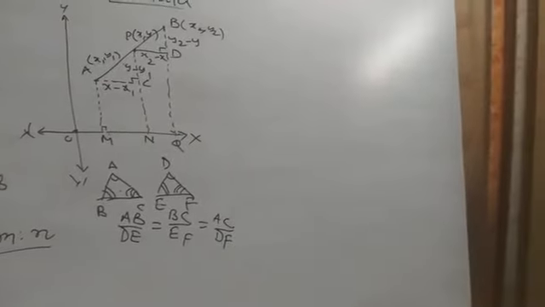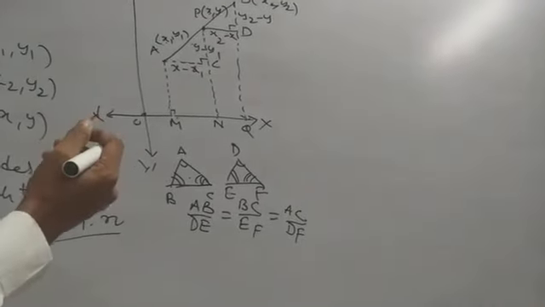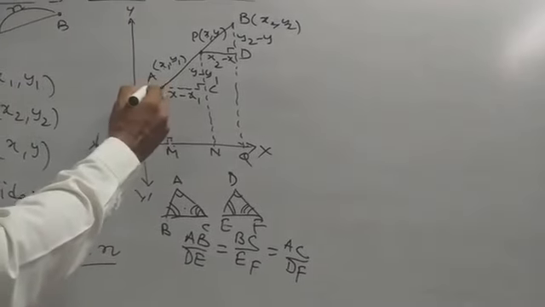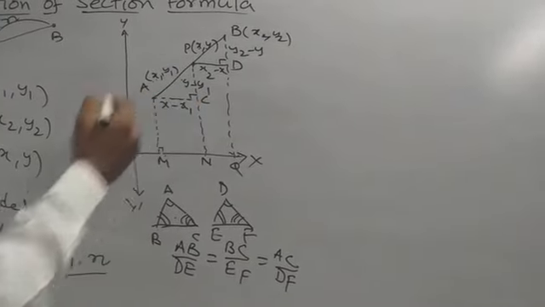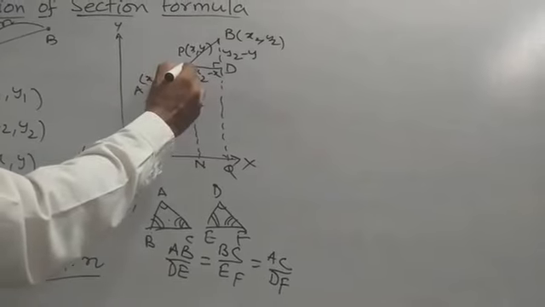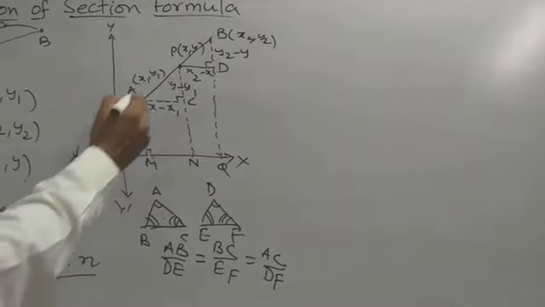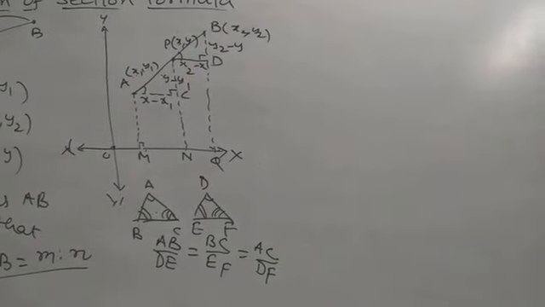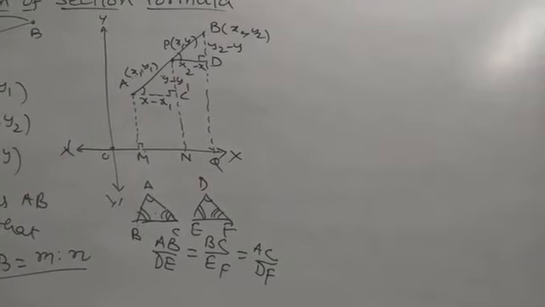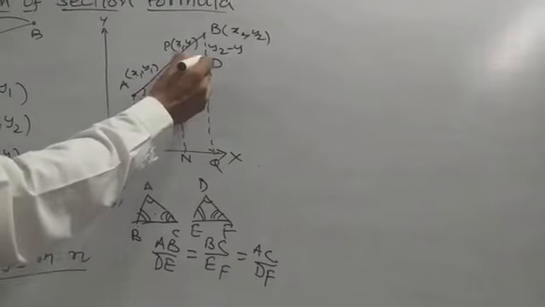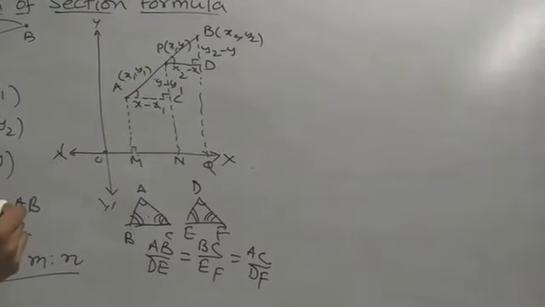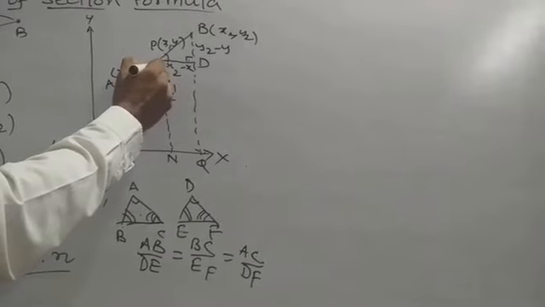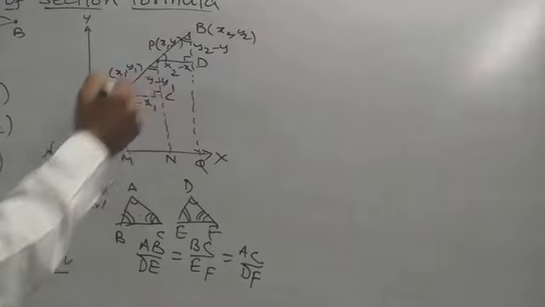Now, let us observe the same scenario here. If you observe triangle ACP and triangle PDB, these two angles are equal because they are corresponding angles. This is 90 degrees and this is 90 degrees because they are perpendiculars. In the same manner, this angle and this angle are also corresponding angles.